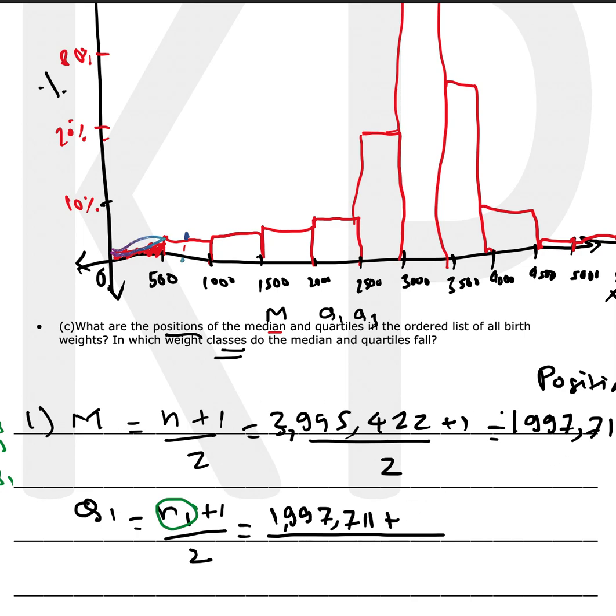So we are taking everything before that point. Then using the same formula, since it acts like the median of the first half, that gives this answer, which is also the position of Q1.